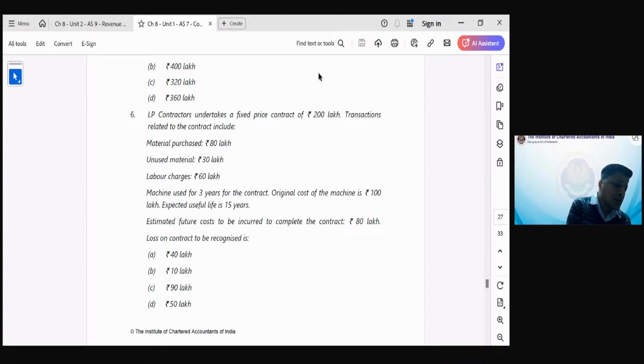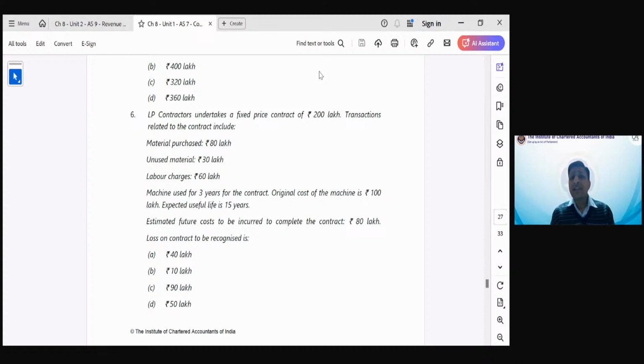So 100 divided by 15, so per year depreciation you can compute. What is the depreciation that you are going to get in respect of the machine? Pranav says 6.66. No, you will have to consider that for the project. 6.66 into 3, so that means 20 lakhs. So that is one cost for you.